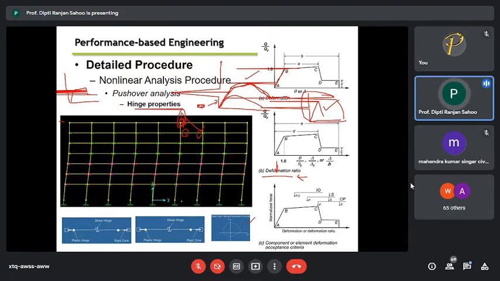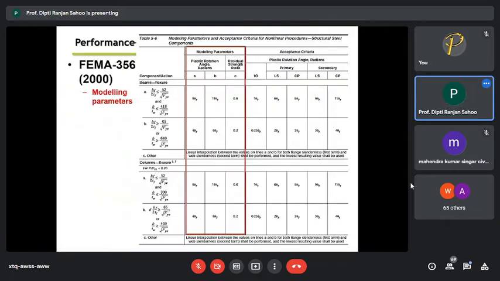Now, if you do that, the question is, what should be this point if you don't have test data? FEMA 356 actually gives you the parameters, whether it's a beam in flexure or a column in flexure, for concrete and steel.